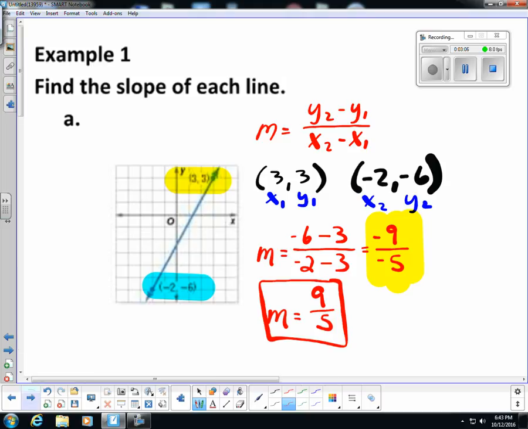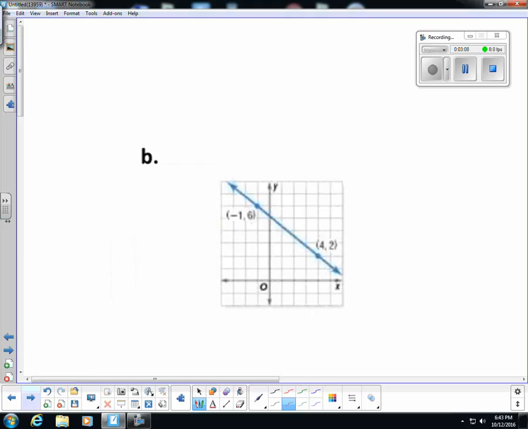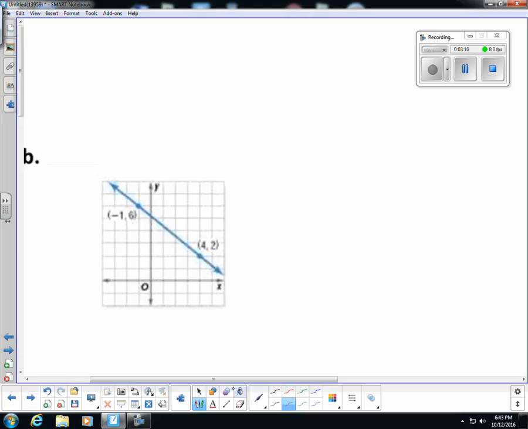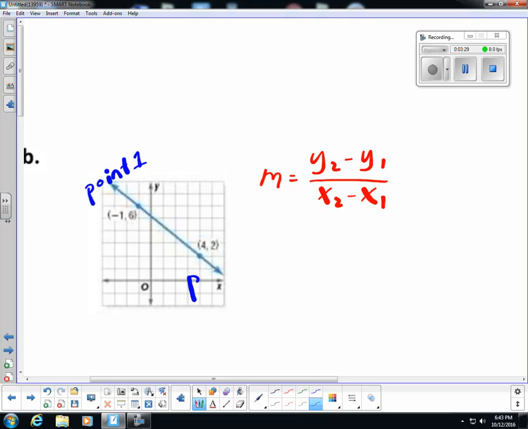Okay, part B here. Again, I want to find the slope. I'm not going to take quite as much time with this one and not quite as much detail, but you want to use your formula. Again, I come over here. I'll pick this as point 1, and I'll say this is point 2.